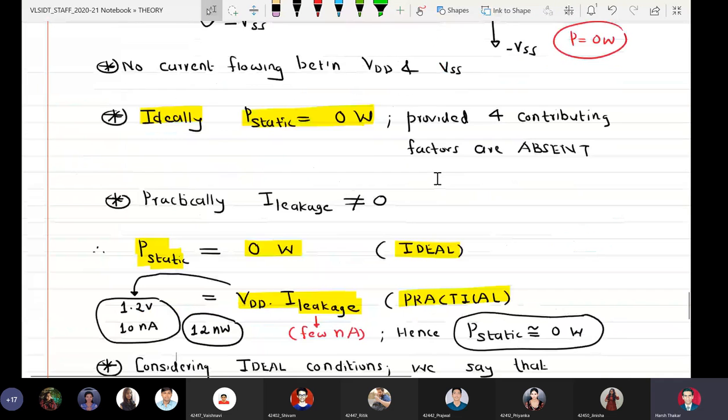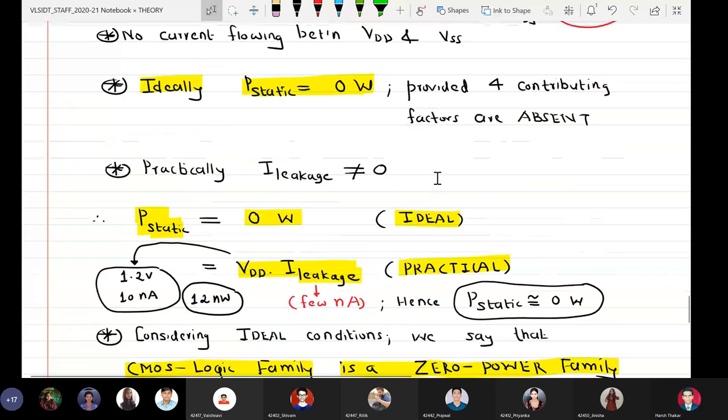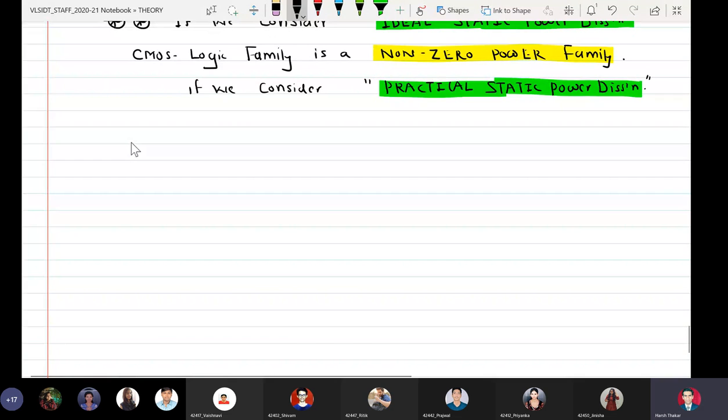So we can very confidently say that for all ideal and practical conditions, yes, CMOS logic family gives zero power dissipation.